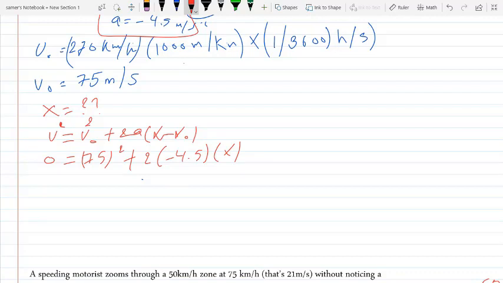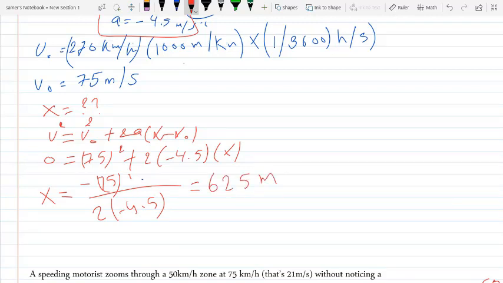Here we suppose that x0 is the origin, the point at which the jetliner touches the ground, so x0 is 0, and we can find x from this equation. X equals minus 75 squared divided by 2 times minus 4.5, and this is equal to 625 meters. This is the length of the runway.